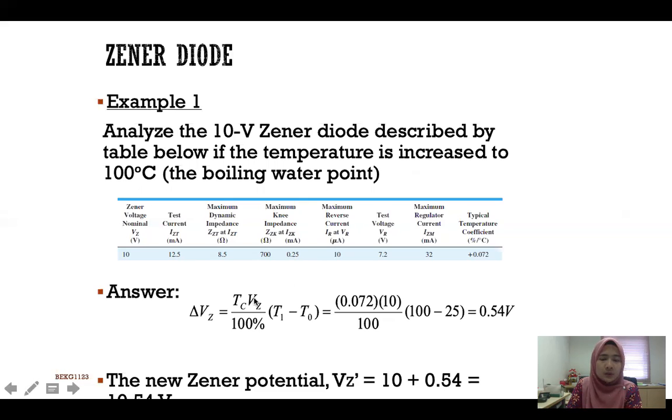Okay, so when you use this formula, you look at here. This is the TC. This one, Vz 10. This is 100%. T1 is the new temperature, which is 100 degrees, minus T0.